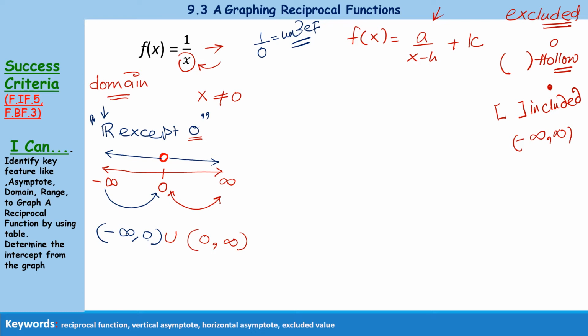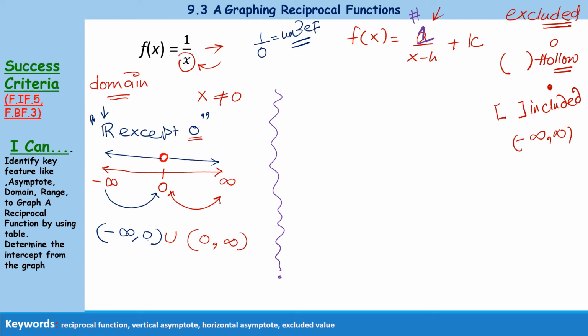Once you practice more and more questions, you will become a champion at writing domains. Now let's come to the other side. Let's suppose that instead of a, there is 1 or any constant number on the top.